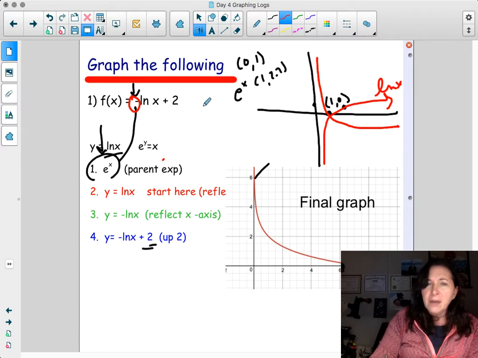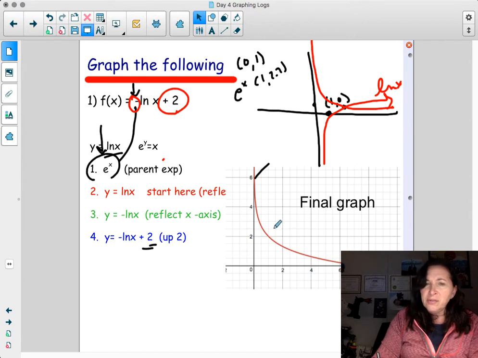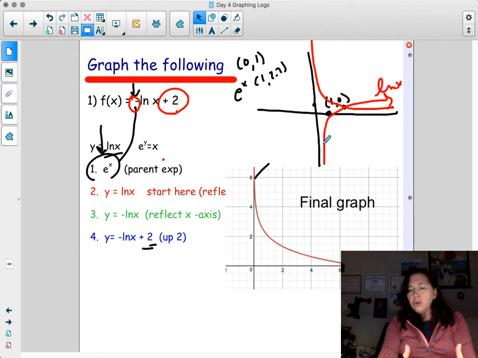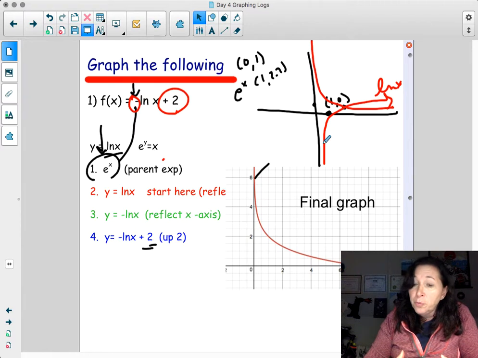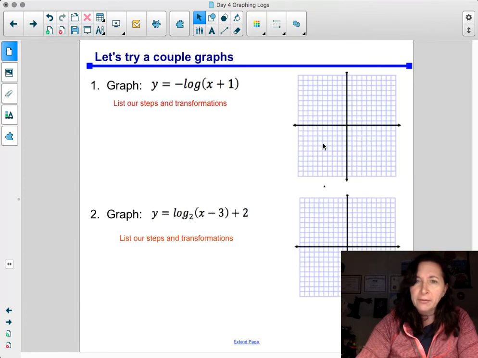The third thing I would do is add 2, and all that does is take this graph right here and move it up 2. And then you get this as your final graph. But like I said, there's a couple of different ways to solve this, and you graph it whichever way is more comfortable for you, but also a way that will give you points, because you will need to be marking points on your graph.